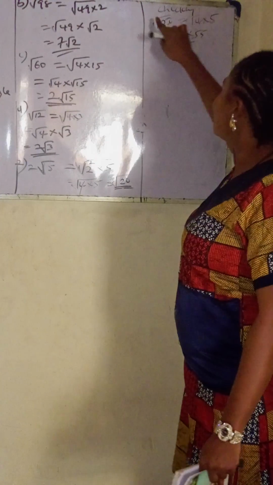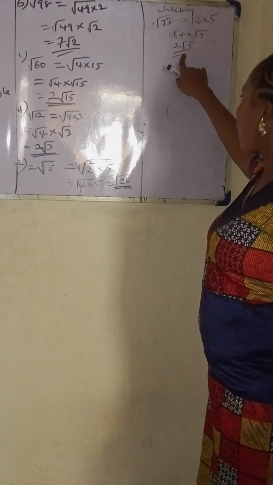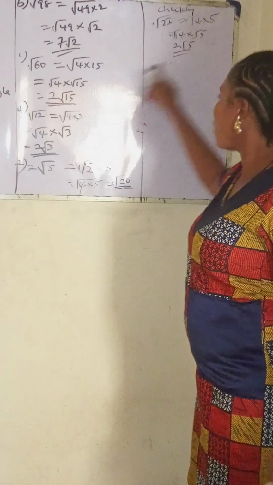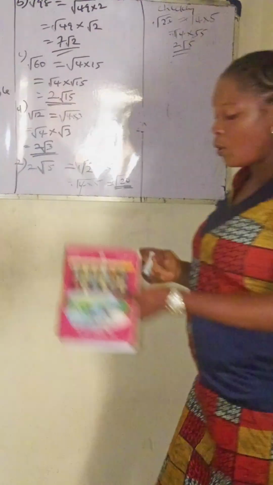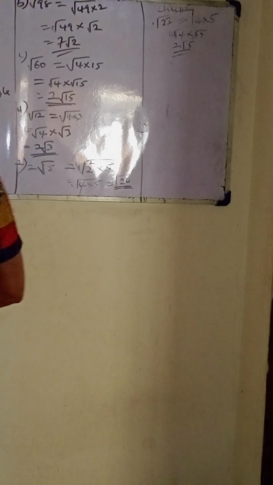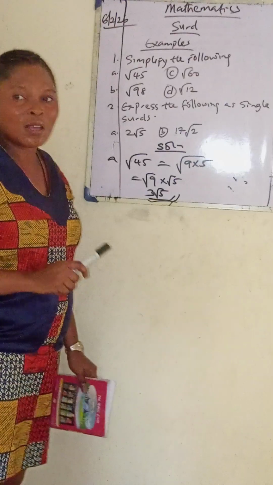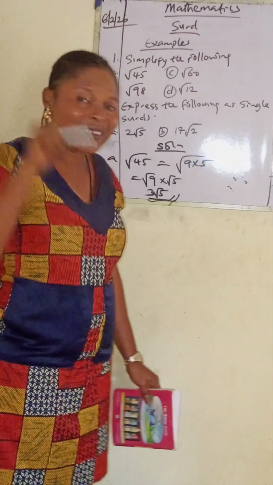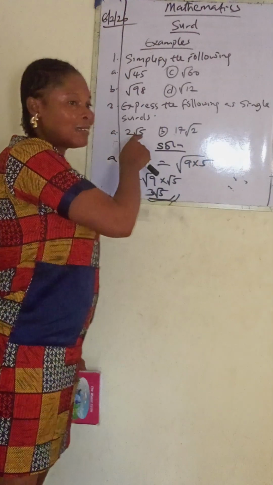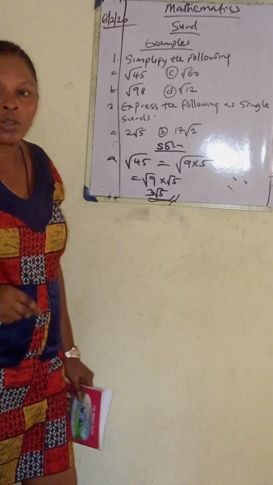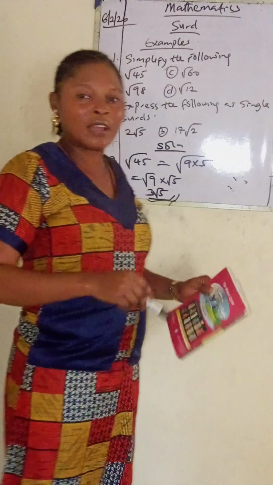You can see now that the checking we have here gave us our question, which is 2 surd 5. So our answer is correct. So when you are given any question on single surd, first thing you have to do is square the number that is outside, times it with the number that is inside the surd. Then after doing that, that gives you your final answer.